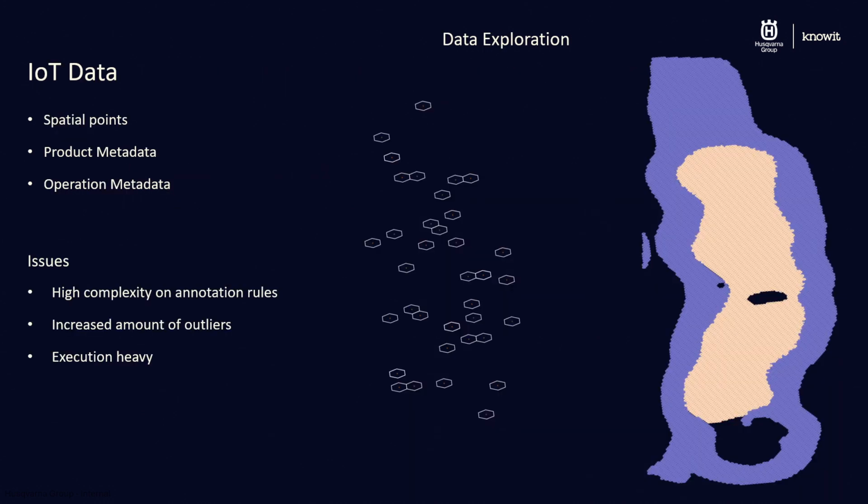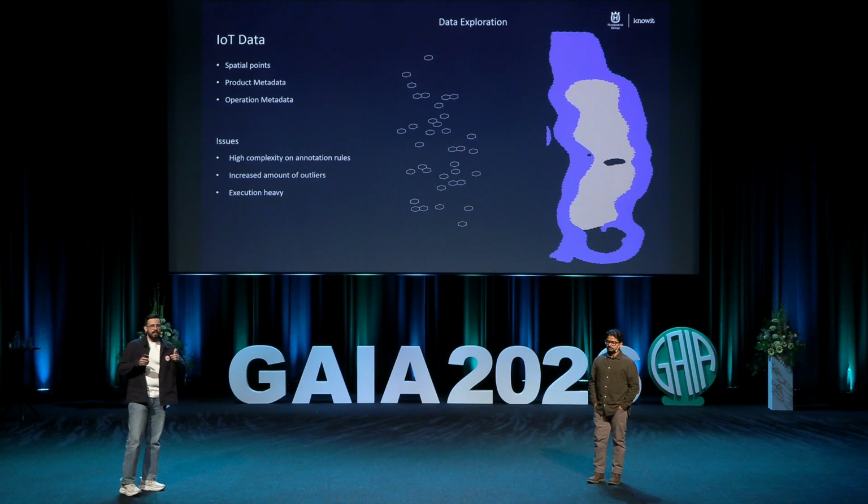Our main source of data for extracting the semantic masks are spatial points of mower movement. We can use these points in order to generate cells, and then we can match these cells with the pixels of the images. Each cell needs to have a label, indicating if it's a fairway, a rough, or another area.